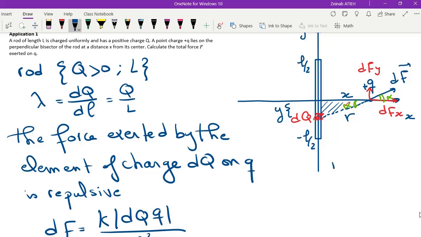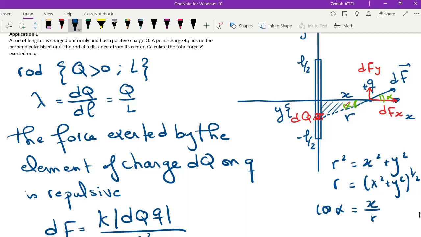You can see that r squared is equal to x squared plus y squared. What is y? y is the position of dq. For dq, I took an arbitrary portion at a distance y from the x axis. r squared is x squared plus y squared because I have a right angle triangle, of course. So r equals x squared plus y squared to the power half. Cosine alpha is adjacent over hypotenuse, so it's x over r, as shown in the triangle.